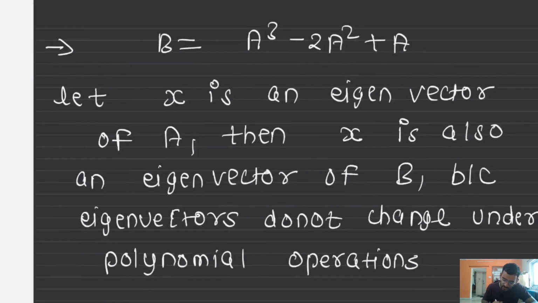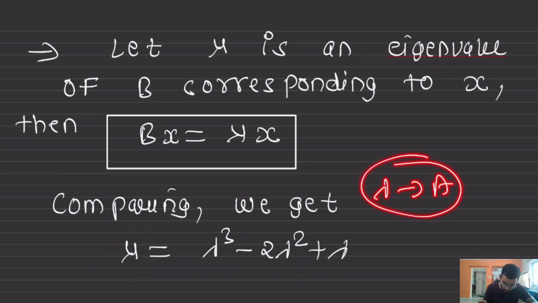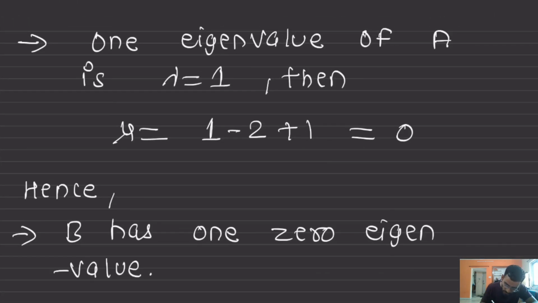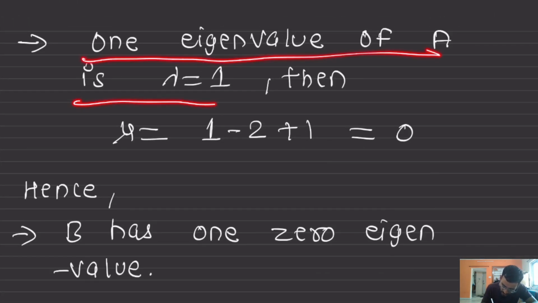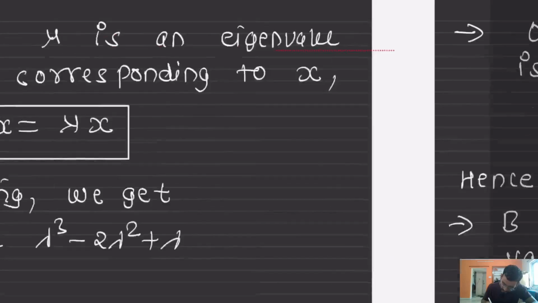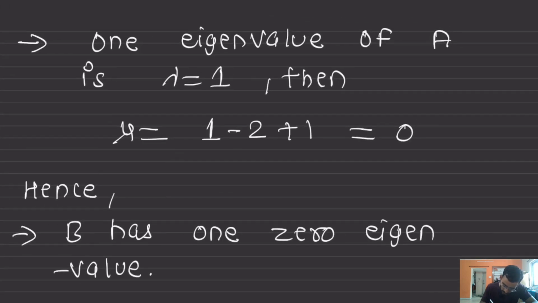If we compare these two equations, we get that the eigenvalue of B can be written in this form, where lambda is an eigenvalue of A. Now we know that one eigenvalue of A is lambda equal to 1, because the sum of each row of A is 1. If we put lambda equal to 1 in this equation, we get one eigenvalue of B, which is 0.